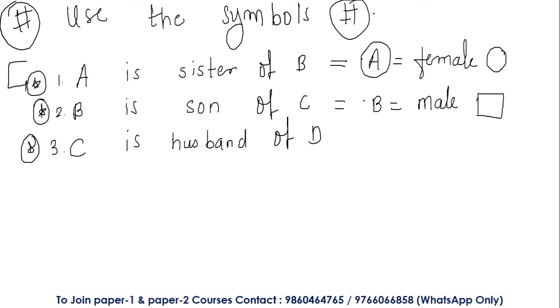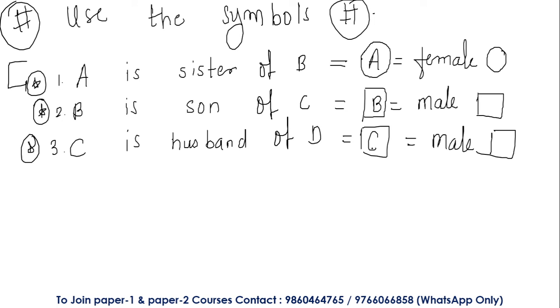B is a male character, so I am going to assign a square shape. C is husband of D. Husband means again a male character, and for a male character we use a square shape. So for C also we are going to use a square shape.